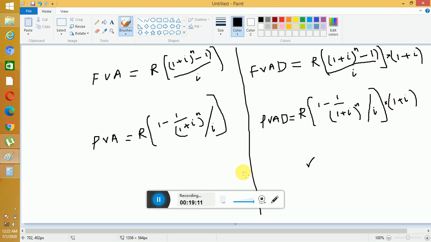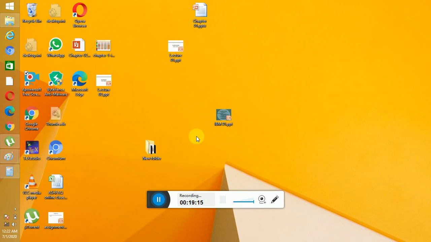We will discuss in detail what financial statement analysis is, and in it, first we will discuss ratio analysis, then common size analysis, and then trend analysis.